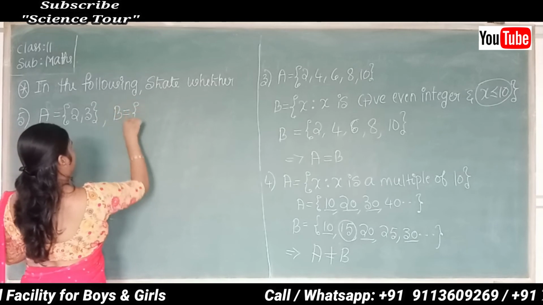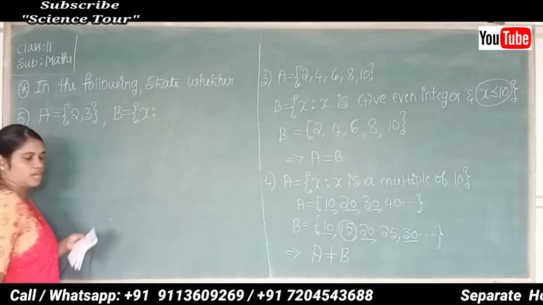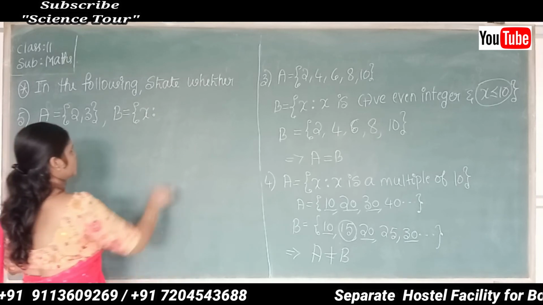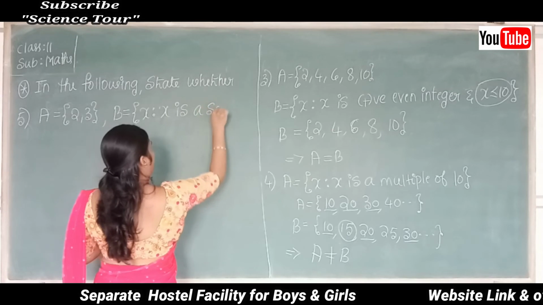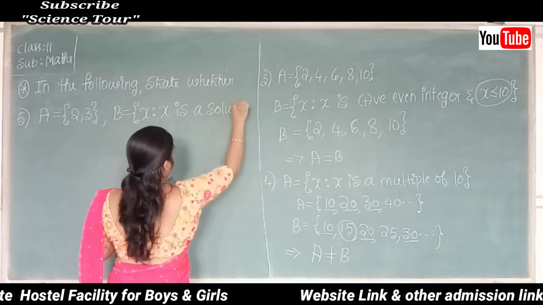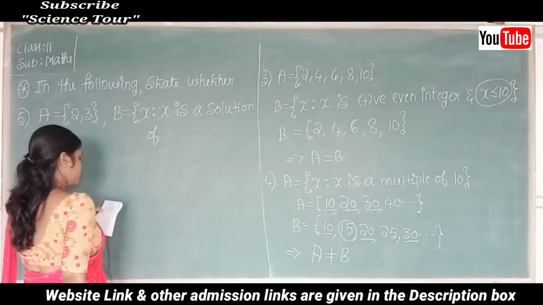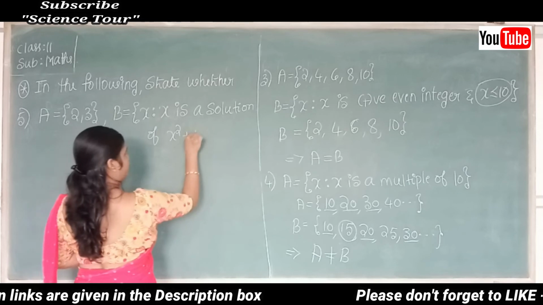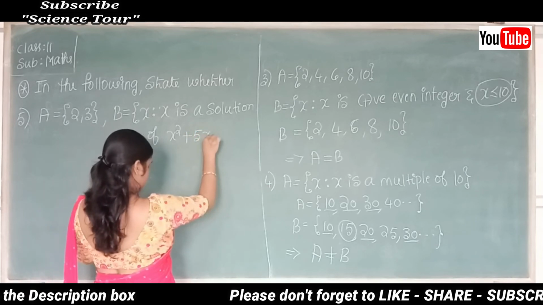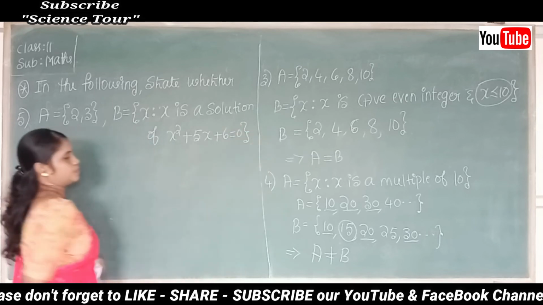Set B equal to set of all x such that x is a solution of x square plus 5x plus 6 equal to 0.